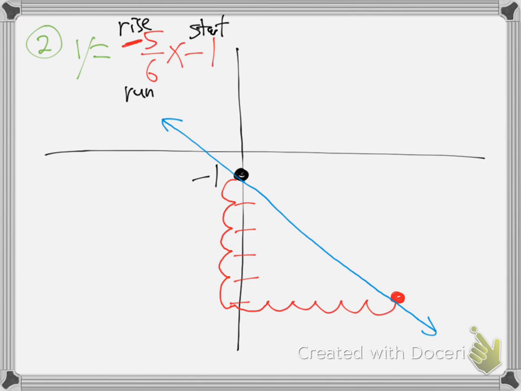And we've got it. So our first dot started at negative 1, and we went down 5 over 6. There we go. Questions on that? Does that make sense?